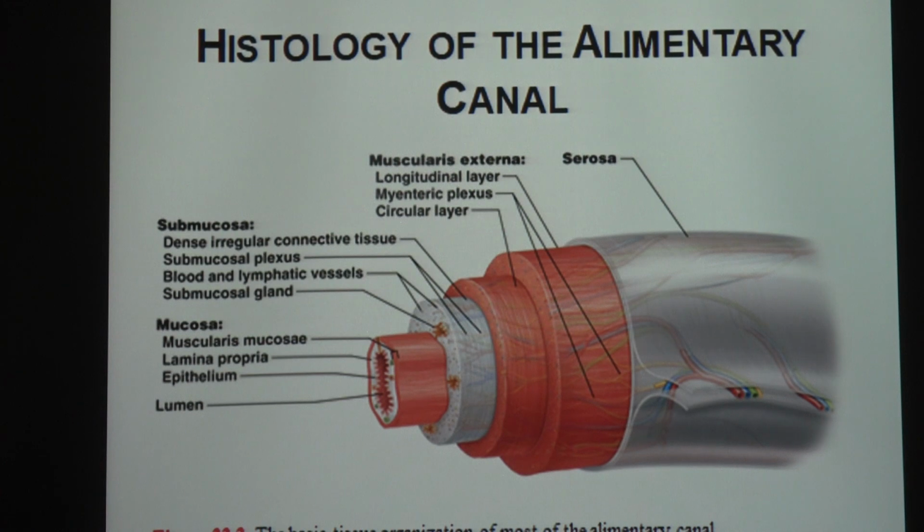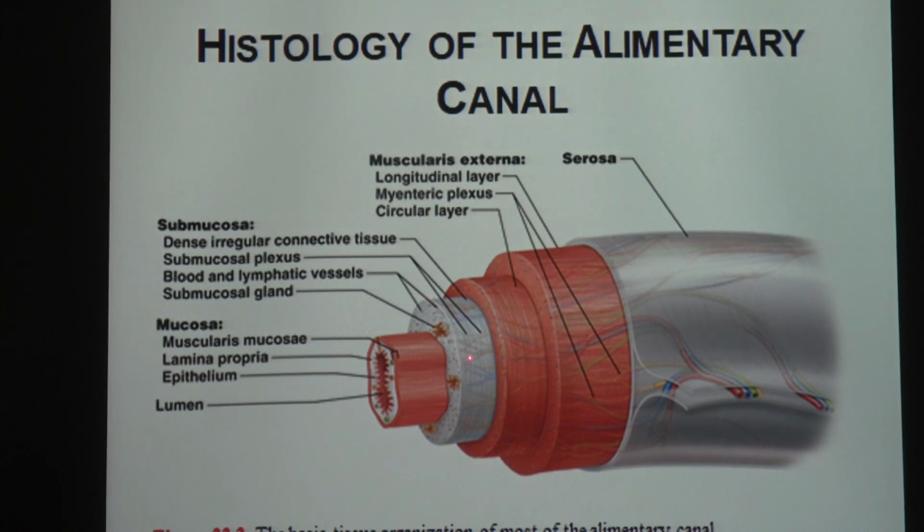This is what the alimentary canal looks like. And again, we're looking at the histology and we're looking at the cross-section of muscle that's there. Just like all the other layers that we've seen, here is our lumen with its nice open area surrounded by epithelium called the mucosa, surrounded by this stuff right here called the submucosa.